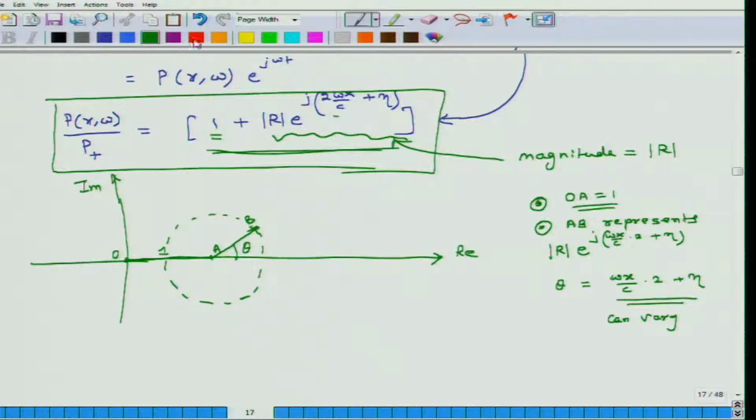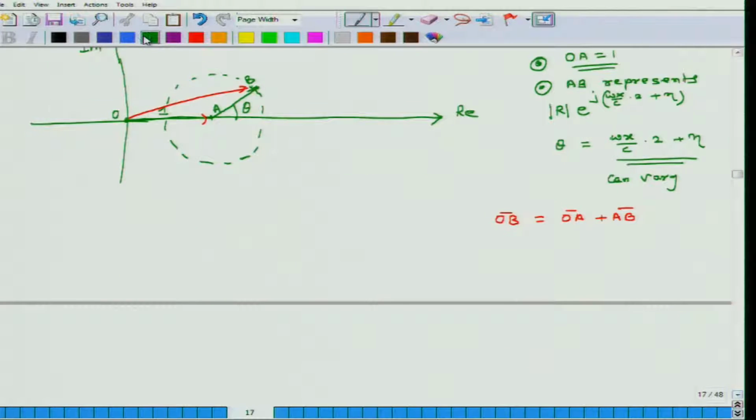My total vector is, if I use my laws of vector mechanics, OB equals OA plus AB, right. Now we are getting close to the thing.